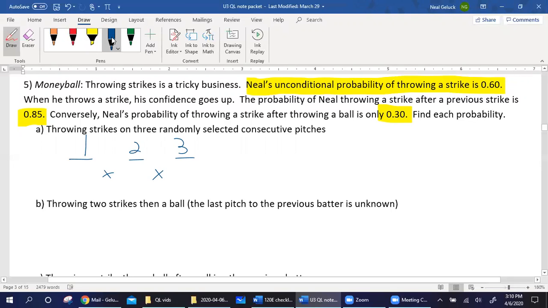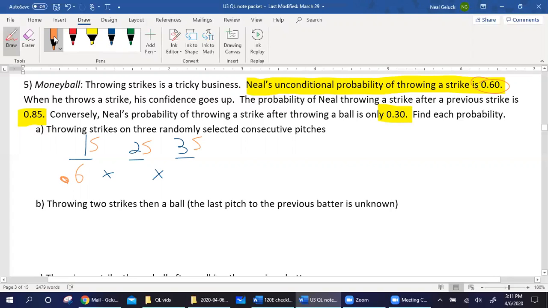So on the first pitch, I don't know what happened before. So my probability of throwing a strike, actually I should put this on here. These should all be strikes. So first strike, second strike, third strike. The first pitch has a 0.6 chance of being a strike.